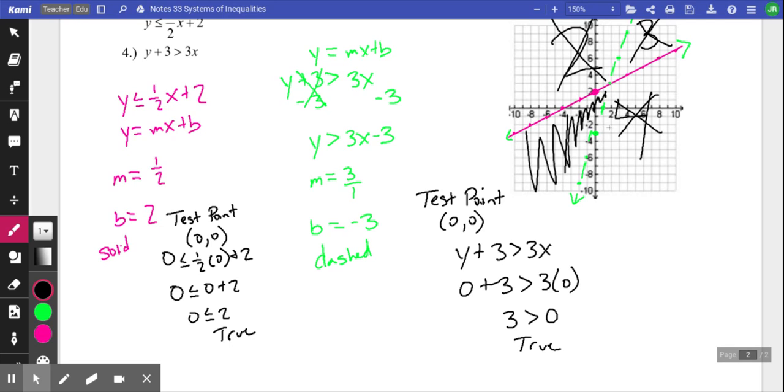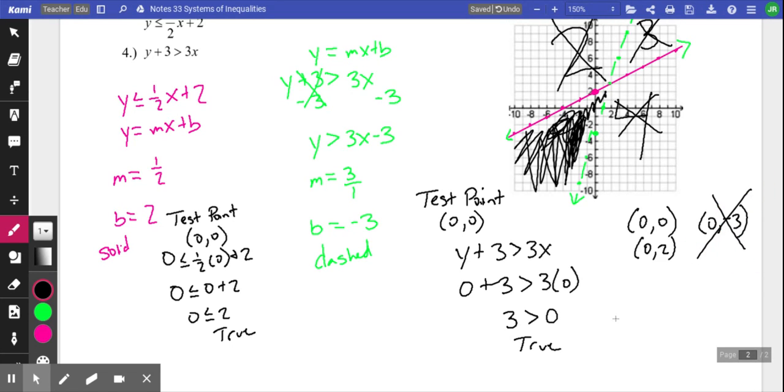All right, so possible solutions. The test point that was true for both, 0, 0, would be a possible solution. Any other ordered pair that's in the shaded region would also be a solution. 0, 2 would also be a solution because it is on a solid line that touches the shaded region. However, 0, negative 3 touches the shaded region, but it's on a dashed line, so that one would not be a solution.